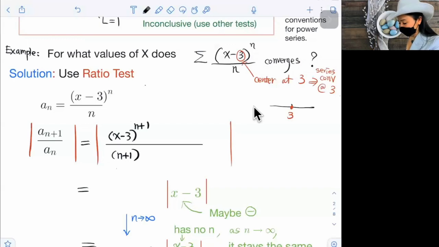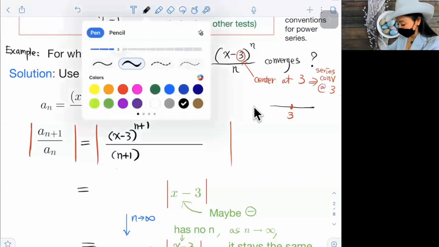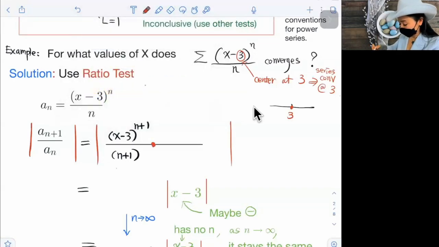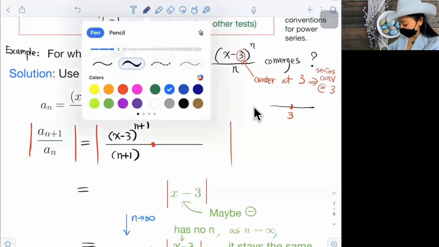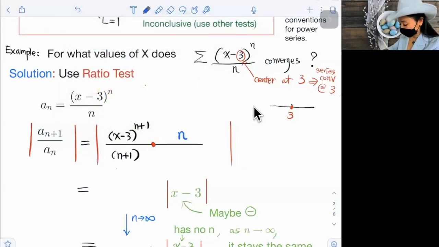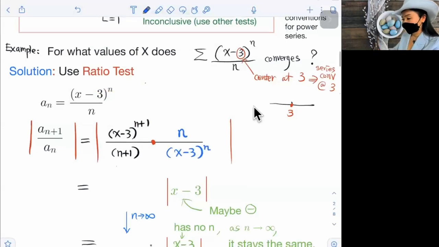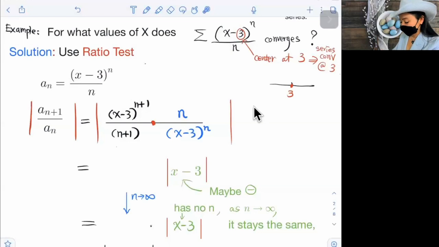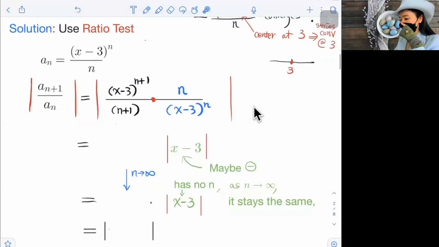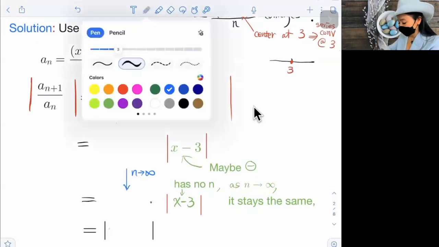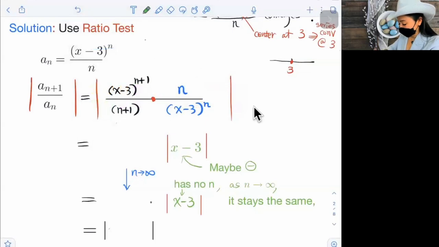Dividing by a_n is the same as multiplying by its reciprocal. So we multiply by the reciprocal, which will have n on top, and then x minus 3 to the n power down here. This is the reciprocal of a_n. Now we're going to try some canceling. What canceling can you do? These two cancel. What do you get? x minus 3.